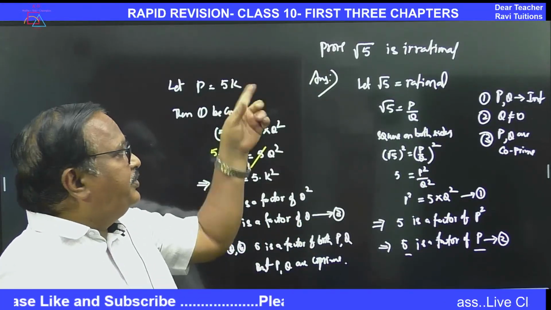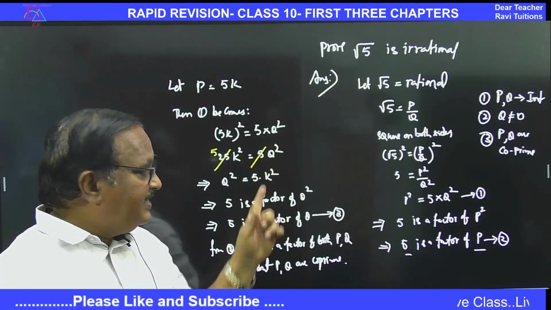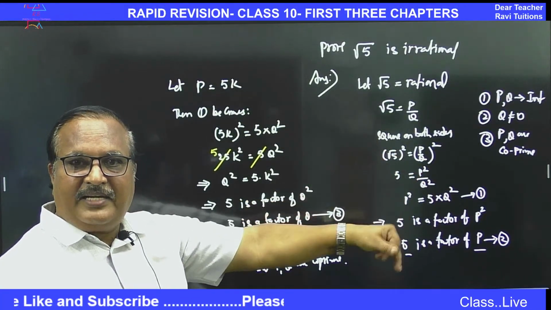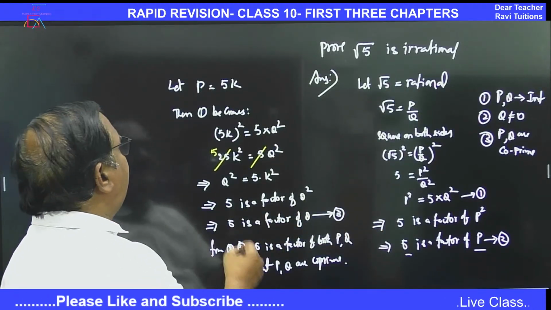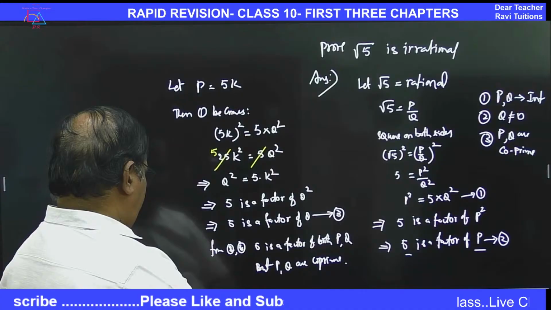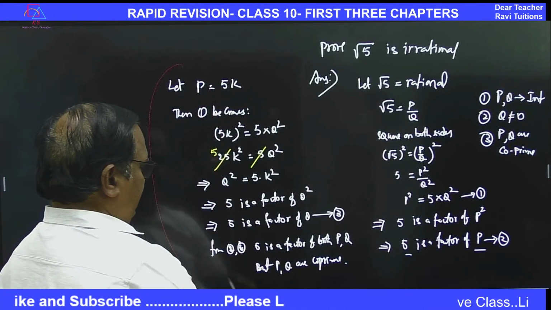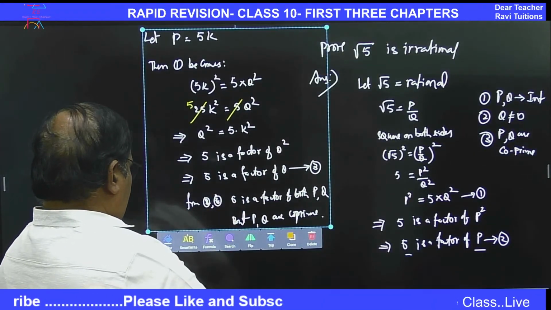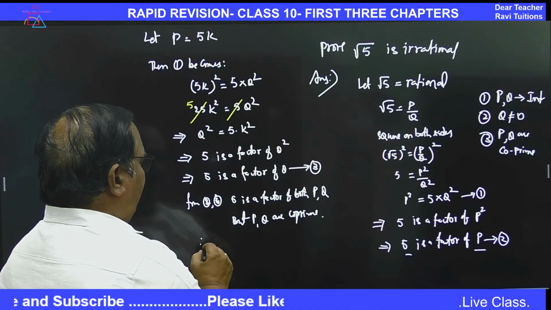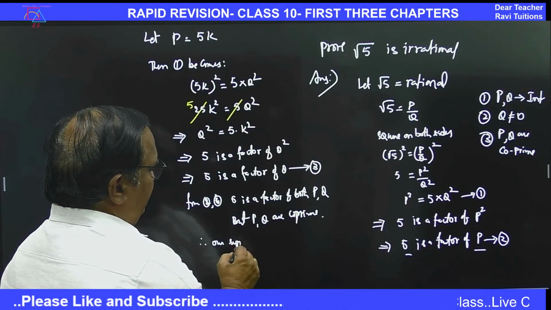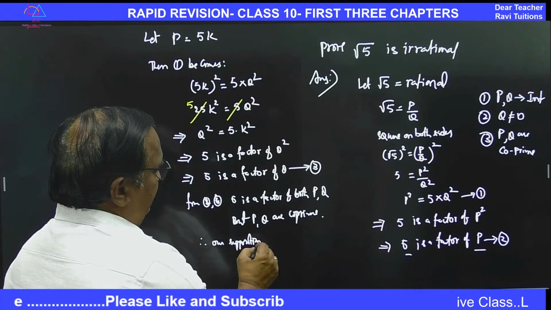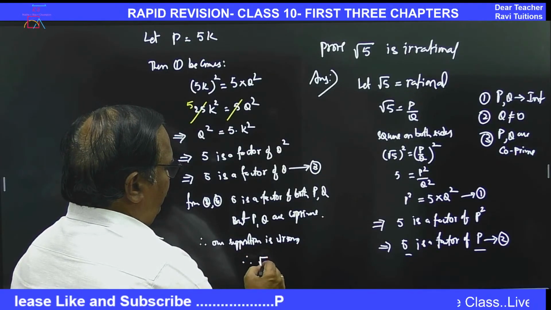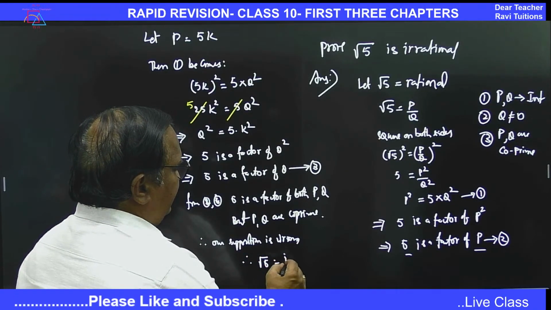Therefore, our supposition is wrong. Therefore, root 5 is an irrational number.